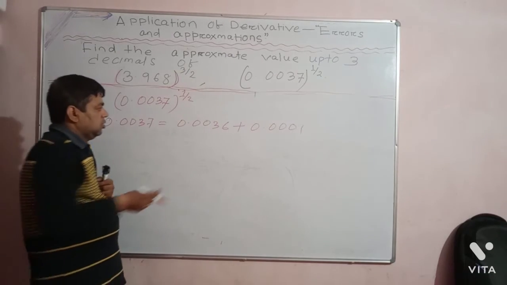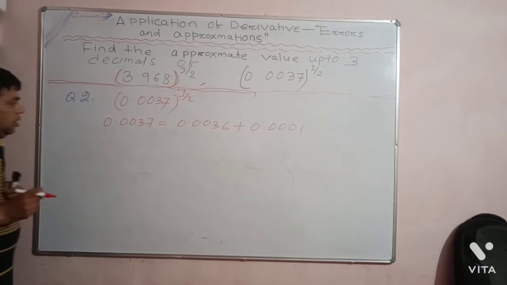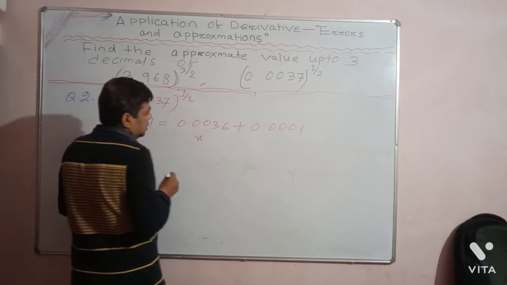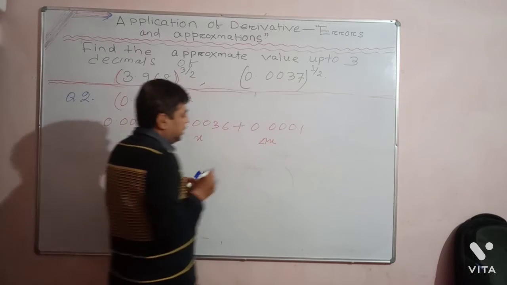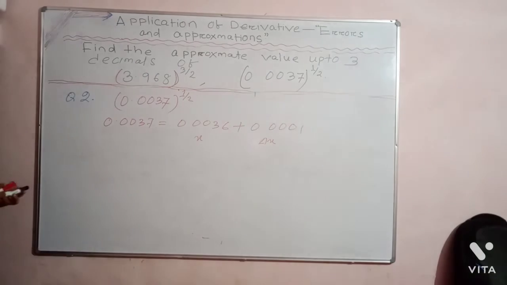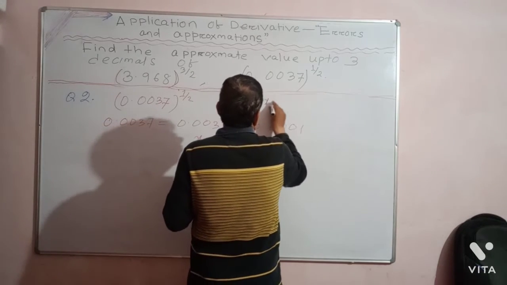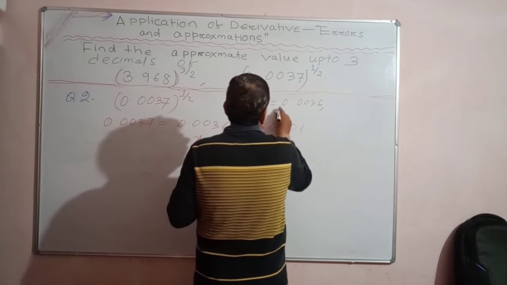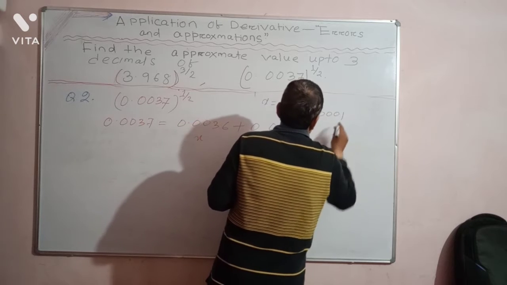So here you can take the x value equal to 0.0036 and the Δx value equal to plus 0.0001. Okay, understand? So let us take x equal to 0.0036 and Δx equal to 0.0001.